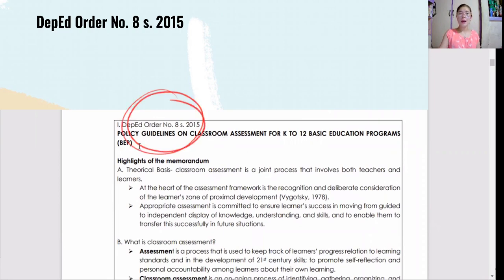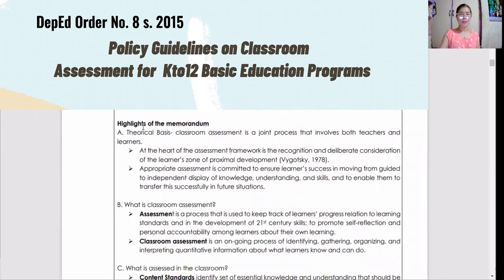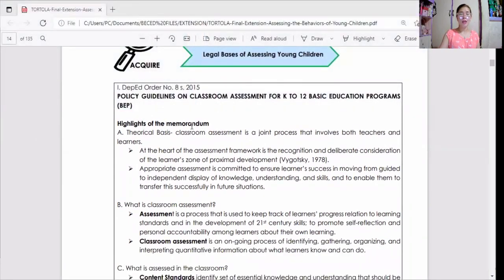Also known as Policy Guidelines on Classroom Assessment for K-12 Basic Education Programs. So, these are the guidelines that are followed in DepEd, the Department of Education, from kindergarten to grade 12. So, I just put here the highlights of the memorandum.